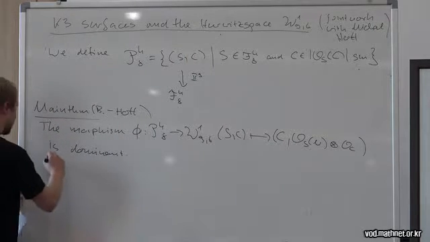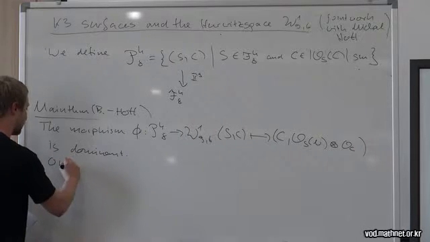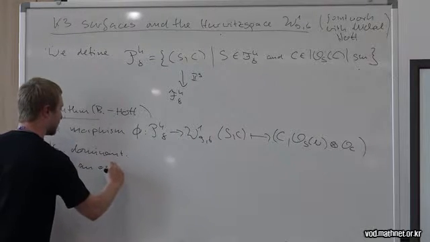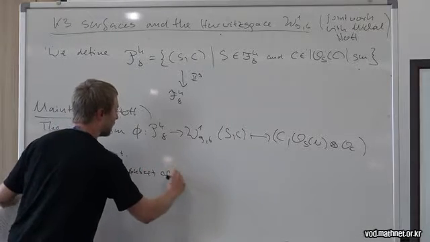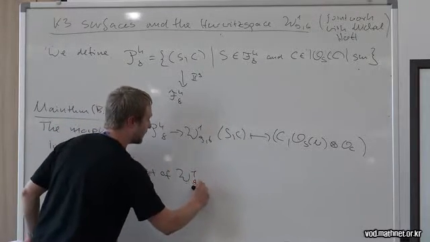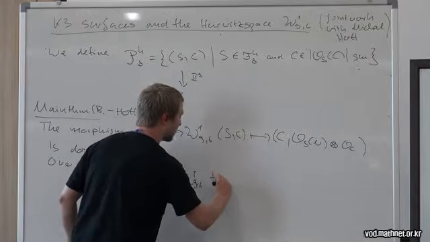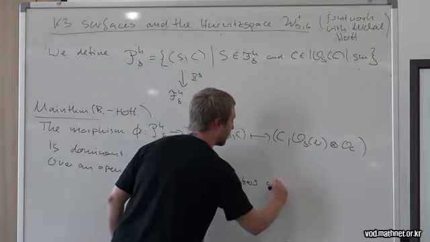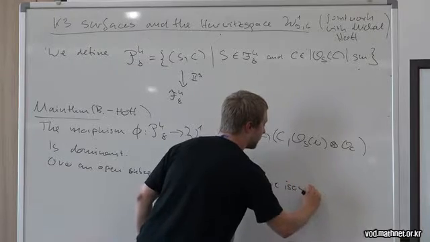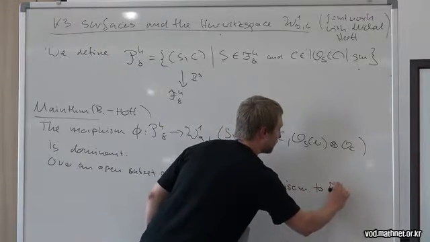Furthermore, over an open subset of W196, the fibers are isomorphic to P1.